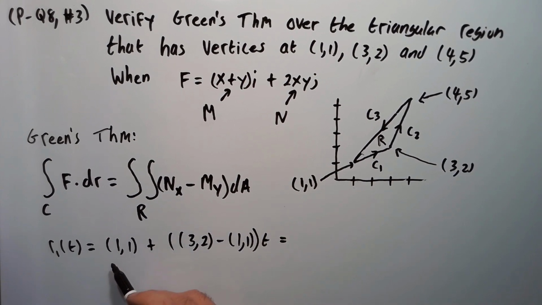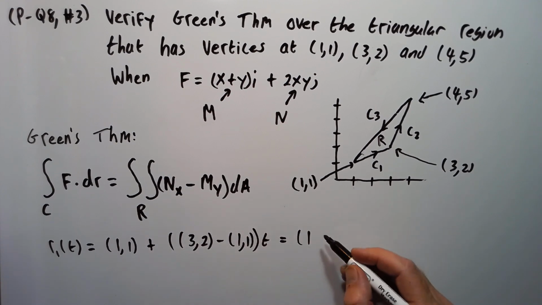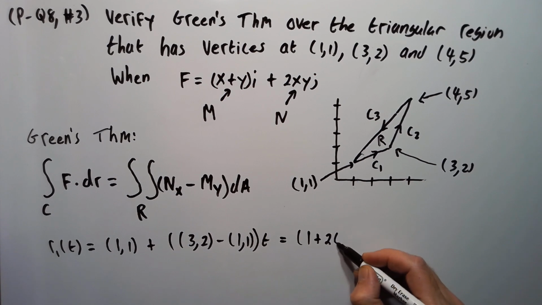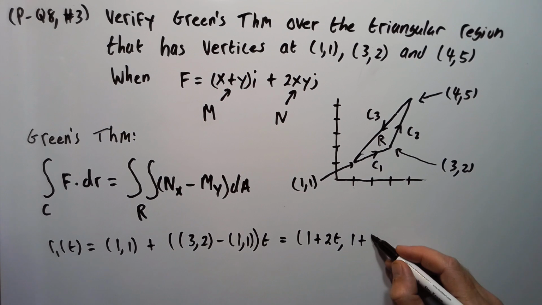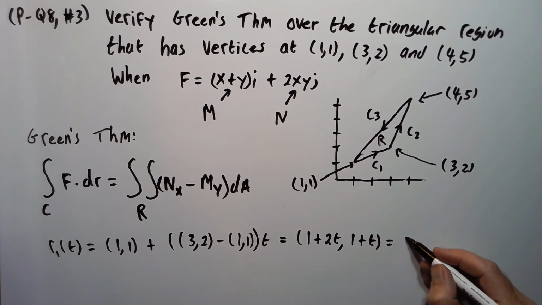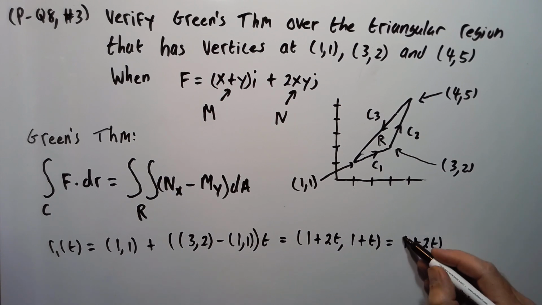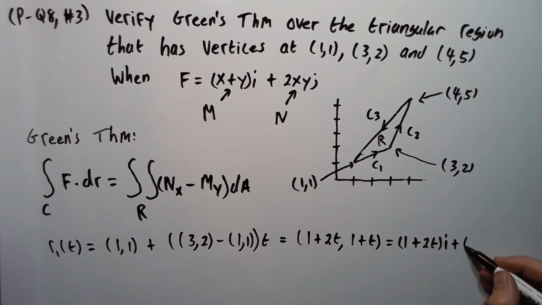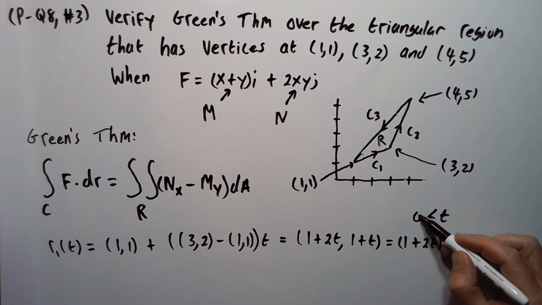Simplifying this, we'll have 1 plus, that'll be 3 minus 1, so plus 2t, and here we'd have 1 plus t. We could write that then as (1 plus 2t) i plus (1 plus t) j. And when you parameterize a line, the t always goes from 0 to 1.